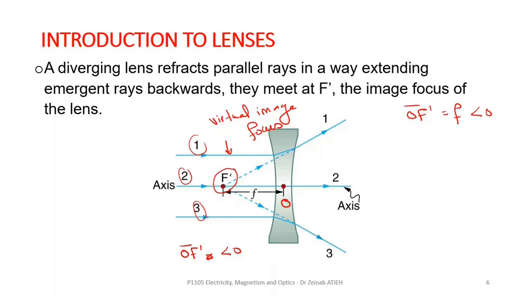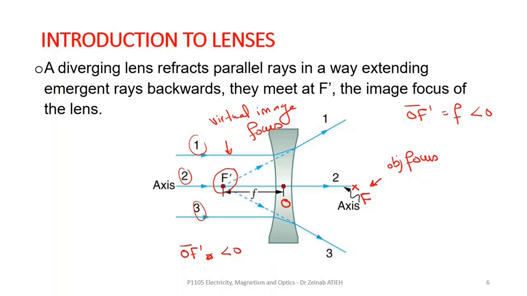I am not drawing the figure here, but anyway, the object focus must be here. So this is F. Why? Because F is symmetrical to F prime with respect to O. This is my object focus.